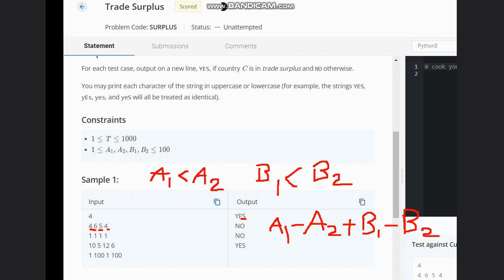This is our value, and if this is less than 0, then we output yes, else we output no. So hence this is the solution to the problem. We just need to check this value and our work would be done. So this is the main value which we need to focus on.